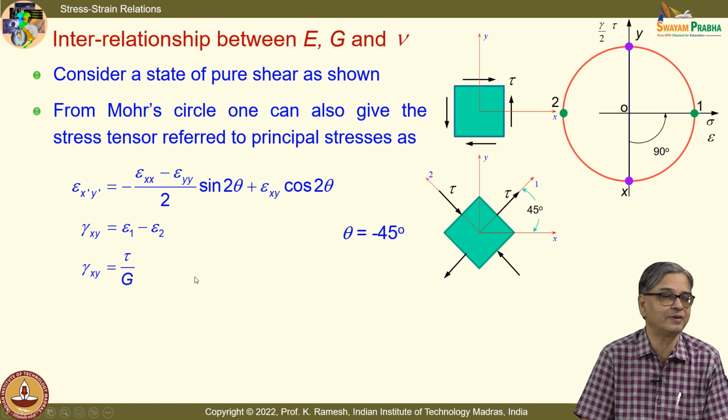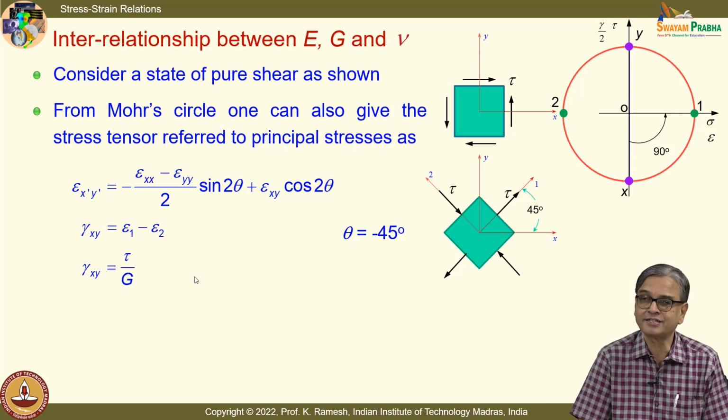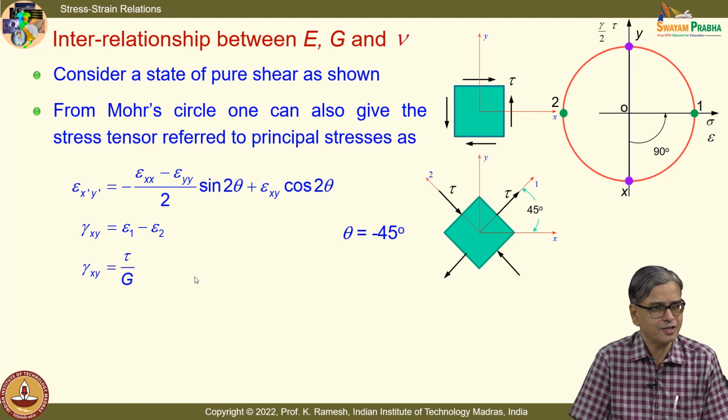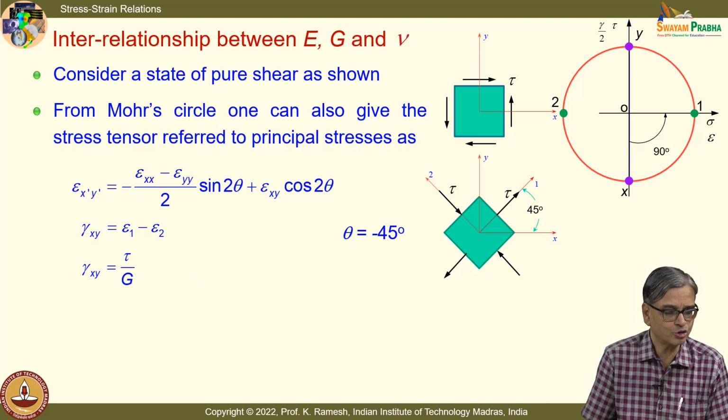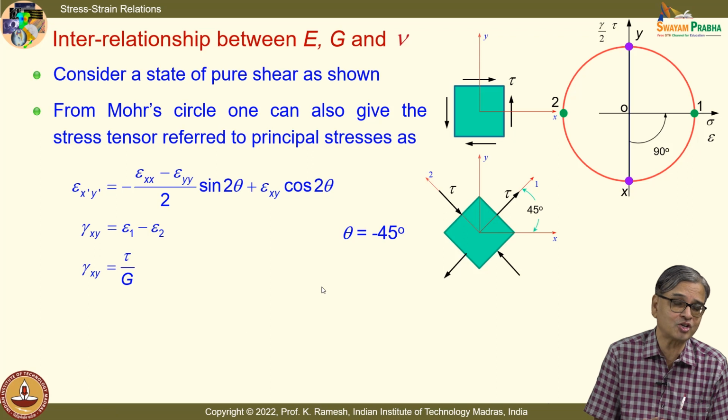Since we are dealing with interrelationship, even if I do not write the symbol, you should implicitly understand in the context it goes to tau xy by G. I can write epsilon 1 and epsilon 2 in terms of the normal stresses. Can you write that and check it with me?